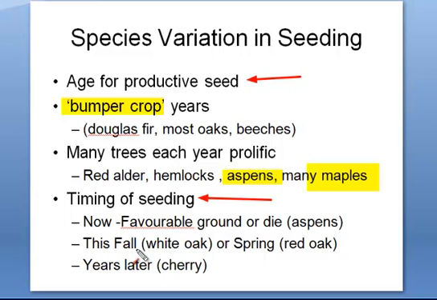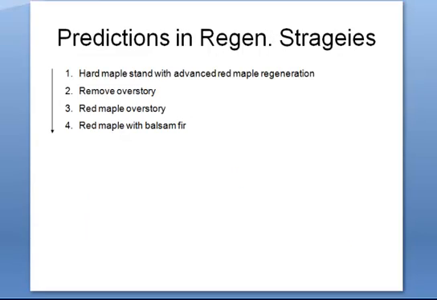White oaks seed in the fall, and spring is more red oak for seed distribution, and years later cherry, as we've spoken about before. This is all in Big Blue in detail for you to study under tree autoecology.